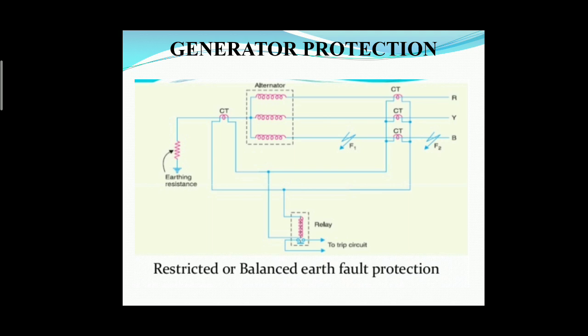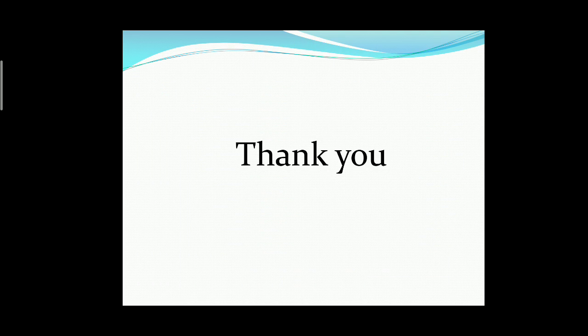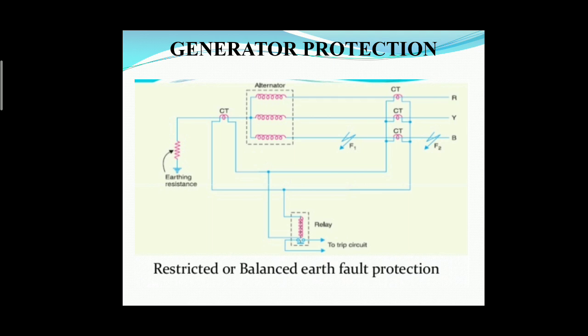Under normal operating conditions, the sum of the currents in the secondary of the CT is 0, and the current to the neutral is also 0.